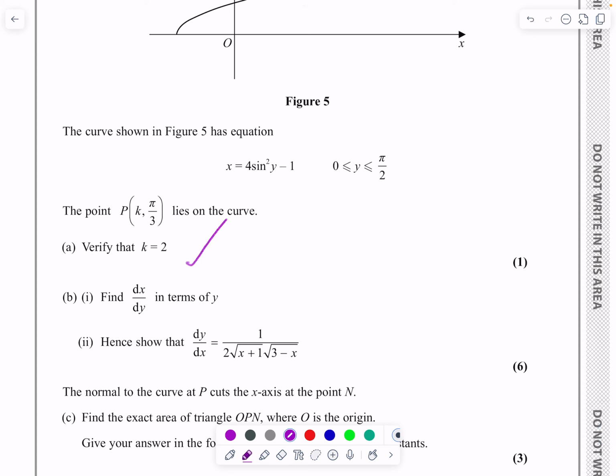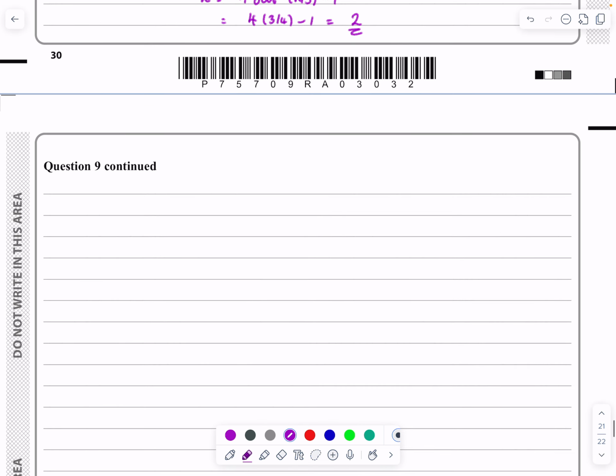Part B then says, can we find dx by dy in terms of y? Yeah, that shouldn't be too tricky. Part B, we've got that x equals 4 sine squared y minus 1. Now, I don't do this, but if you want to have this written as x equals 4 sine y squared minus 1, I wouldn't suggest you do that, but just in terms of differentiating this, I'm going to multiply by the power and take 1 off the power.